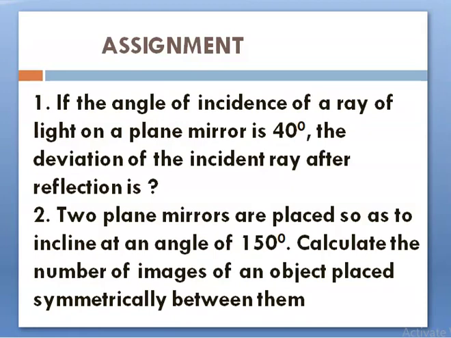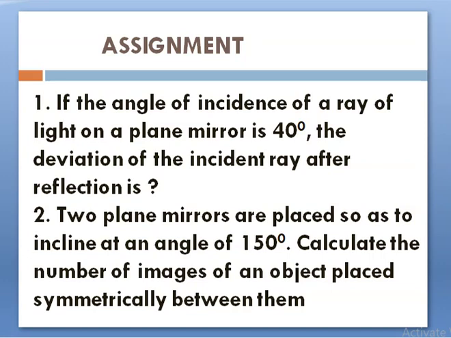Now, this comes to the end of our today's class. So today we have seen the effect of mirror rotation on a reflected ray. And we have equally seen the number of images that can be formed when two plane mirrors are inclined at a particular angle using our formula n equals 360 over theta minus 1.